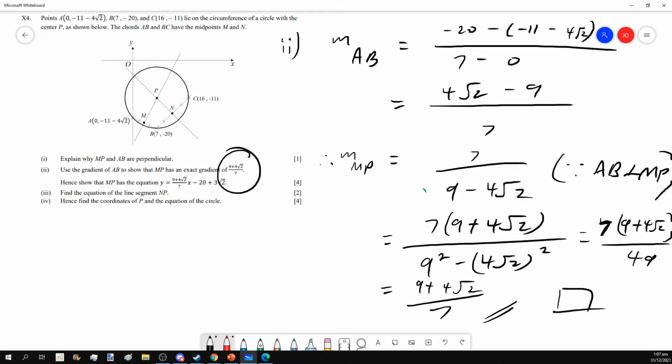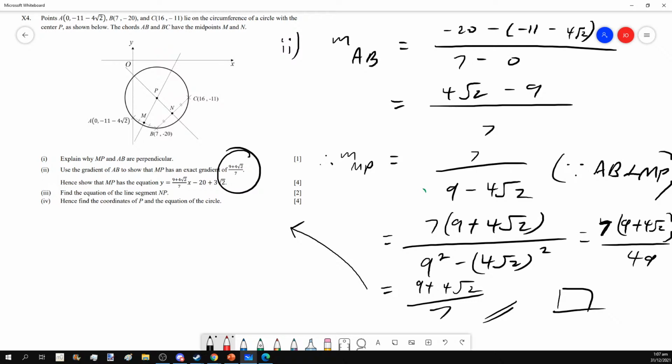Thereafter, they say, hence show that MP has the equation blah blah blah. So in order to work this out, we have the gradient of MP. Now we just need to find a point. Finding P is obviously impossible, we don't have any information at all, but finding M is easy because this is a perpendicular bisector, if you remember part 1.